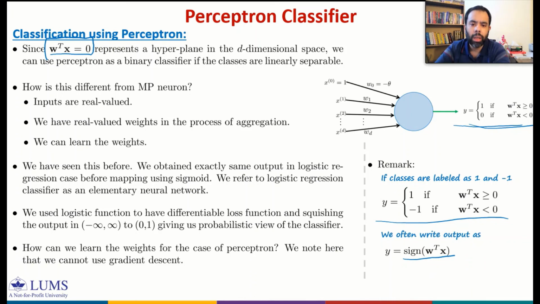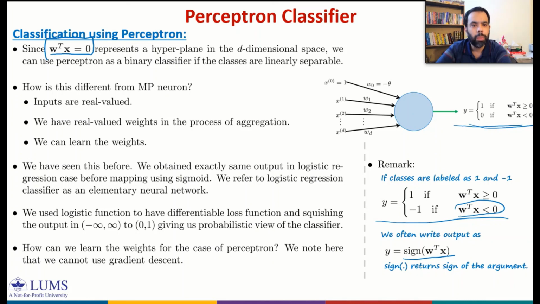So we are simply assigning the sign of w transpose x to y. If w transpose x is negative, we use -1. If w transpose x is non-negative, we use 1. Right? So sign simply returns the sign of the argument.